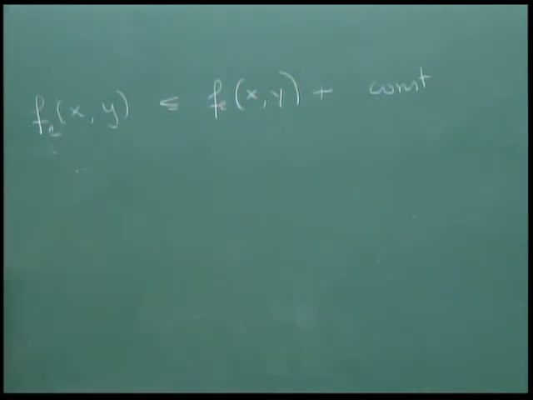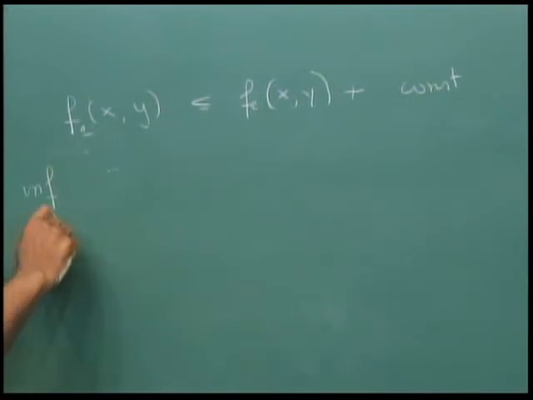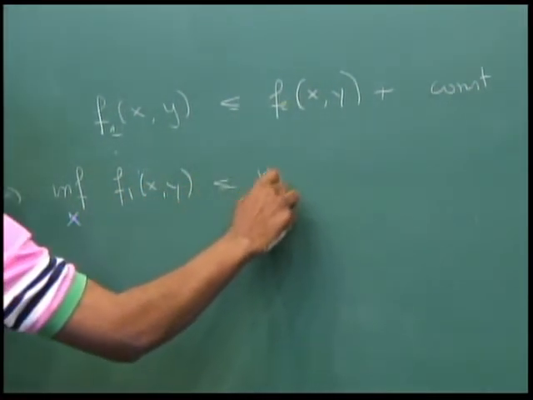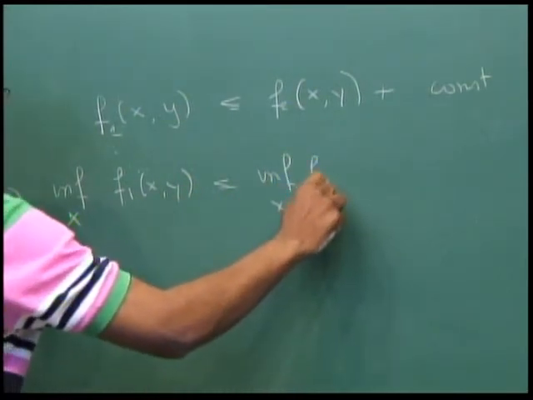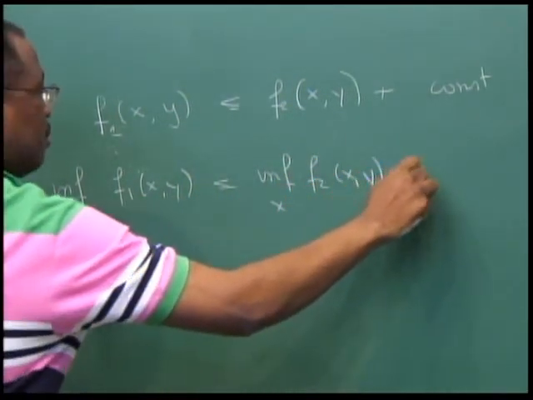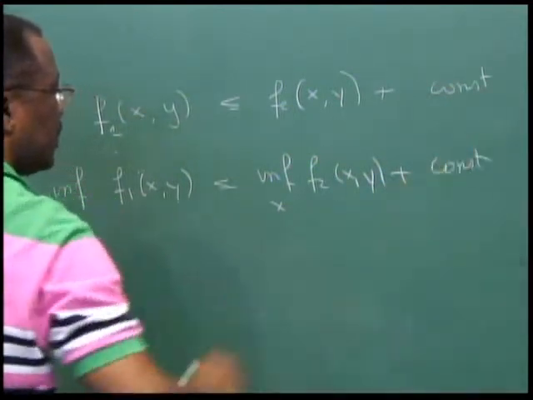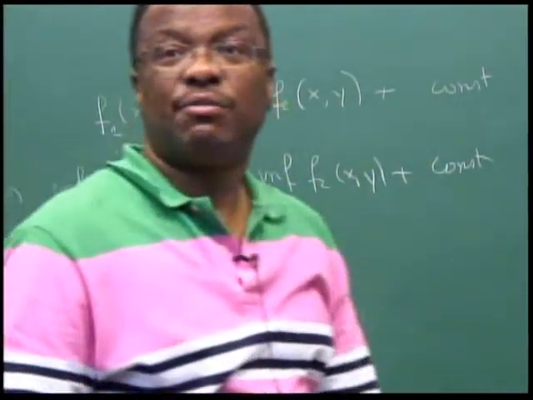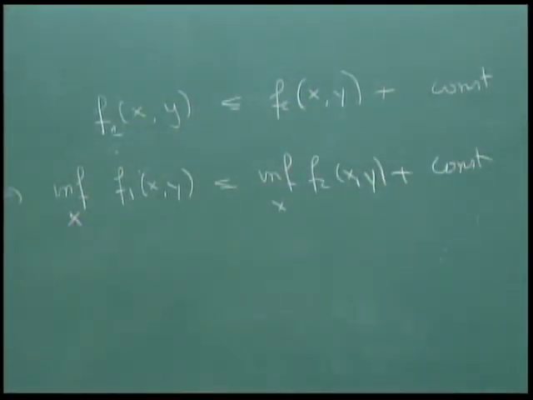That will imply that the infimum over x of f1 of x, y is less than the infimum over x of f2 of x, y plus the constant. I change the roles of f1 and f2. I have f2 is less than f1 plus the constant, and so I apply the infimum and get the inequality.